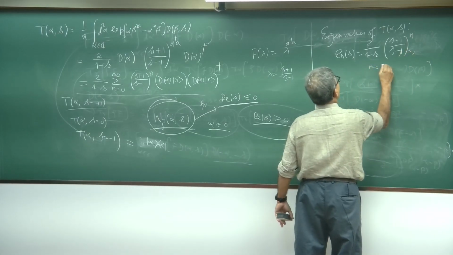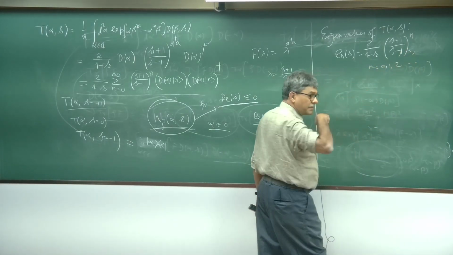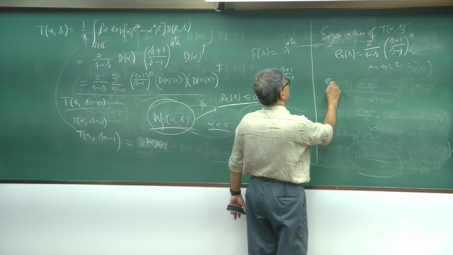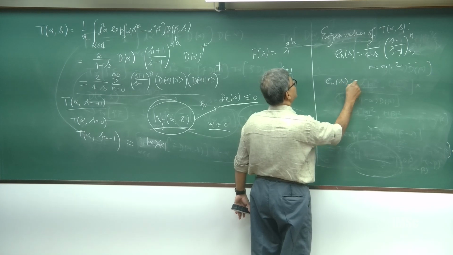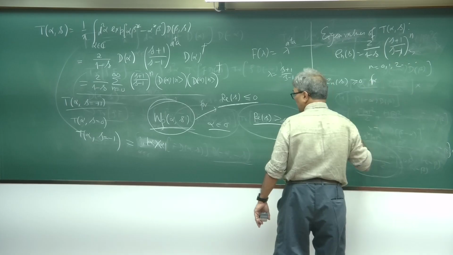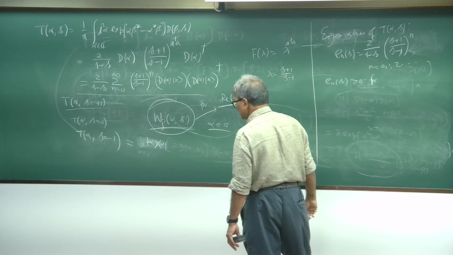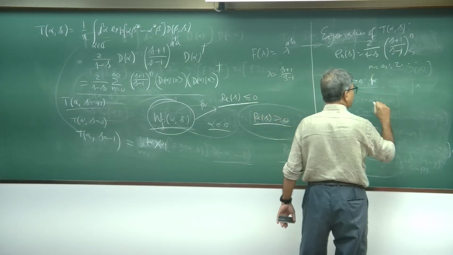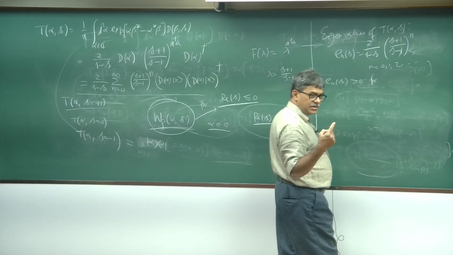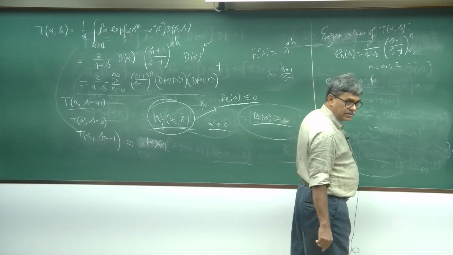So, n is equal to 0, 1, 2, etc. So, E n of S is greater than or equal to 0 for S less than minus 1, but S has to be real, otherwise it does not make sense.